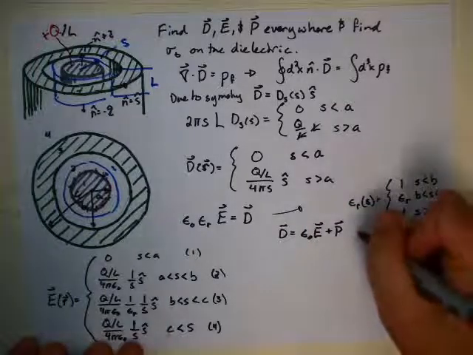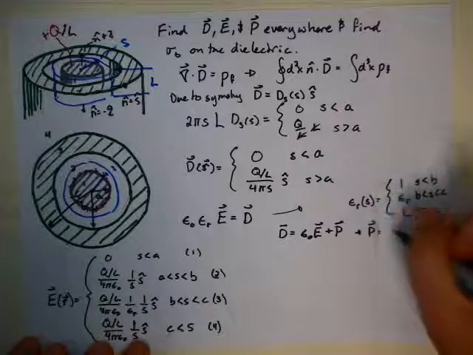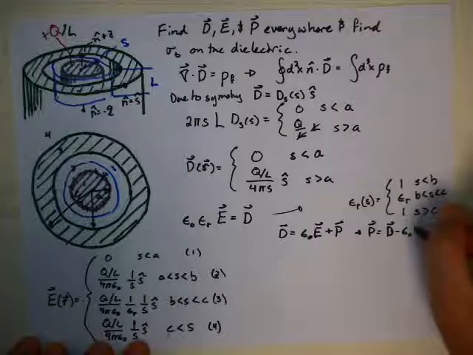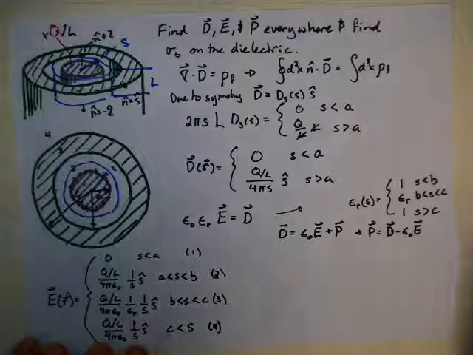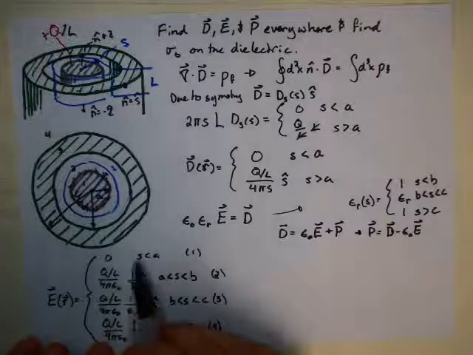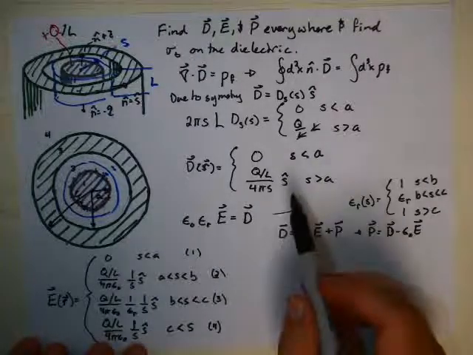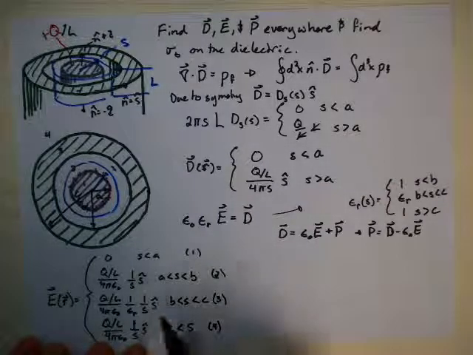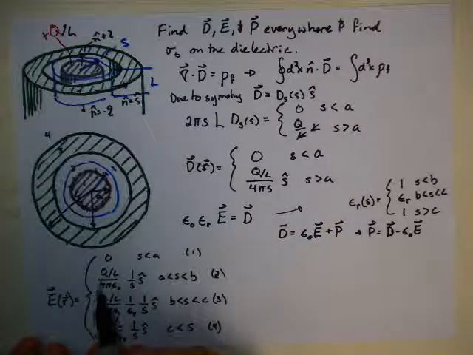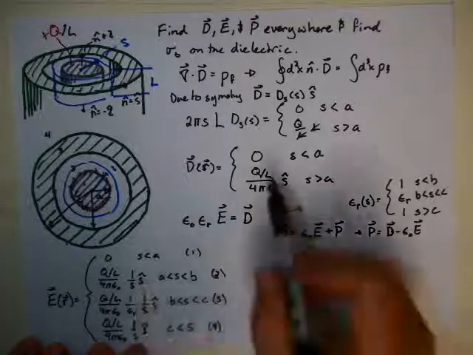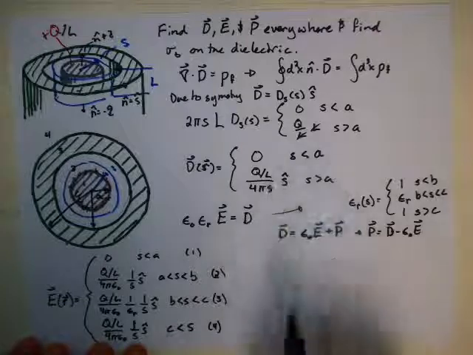And so that means simply that the polarization is D minus epsilon naught E. Well, we can go through this really quick, and we can see that in region 1, it's 0 and 0, so that's going to cancel. In region 2, when I multiply by epsilon naught, I'm going to cancel. I have Q over L over 4 pi 1 over S hat, Q over L over 4 pi 1 over S hat.